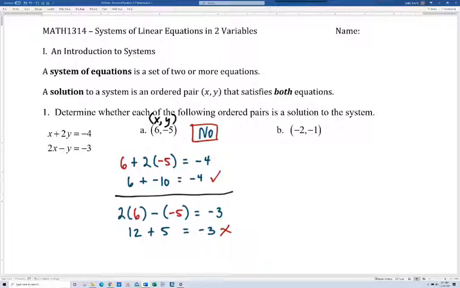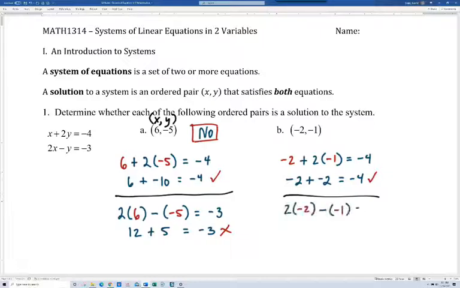Alright, so we've got the point (-2, -1), and we're going to plug that into x + 2y = -4. We're going to get -2 + 2 times -1 is equal to -4. And so we'll have -2 + -2 is equal to -4, and that is true. And let's go ahead and plug in (-2, -1) into the second equation.